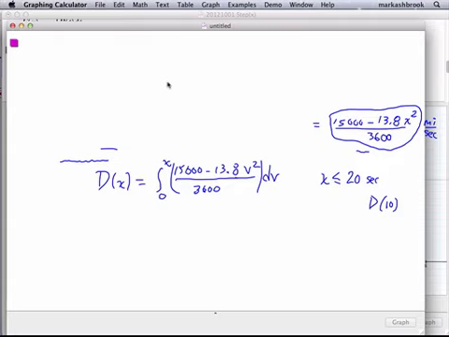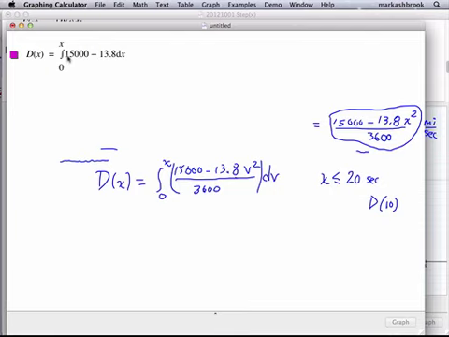So let's put this in. d of x equals the integral from 0 to x of, and let's use v. No, actually, v is reserved for something special in the graphing calculator.